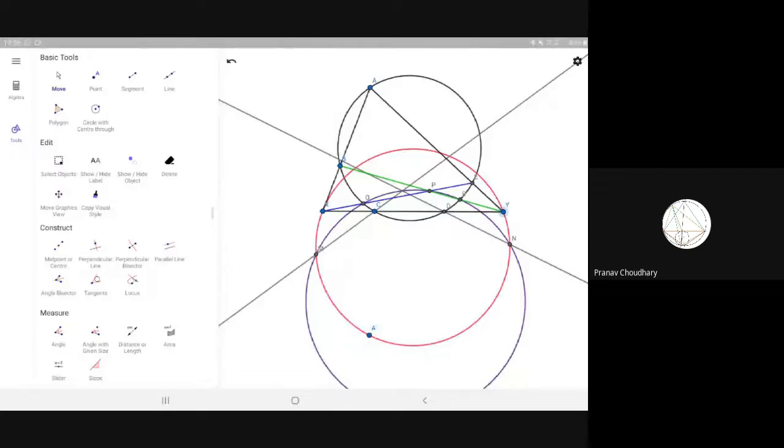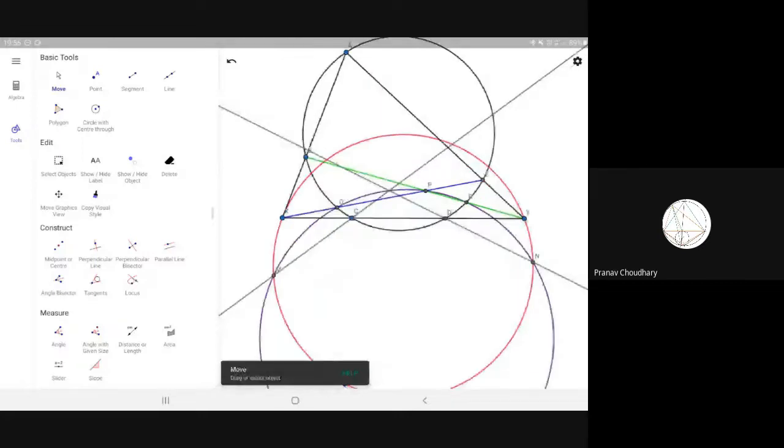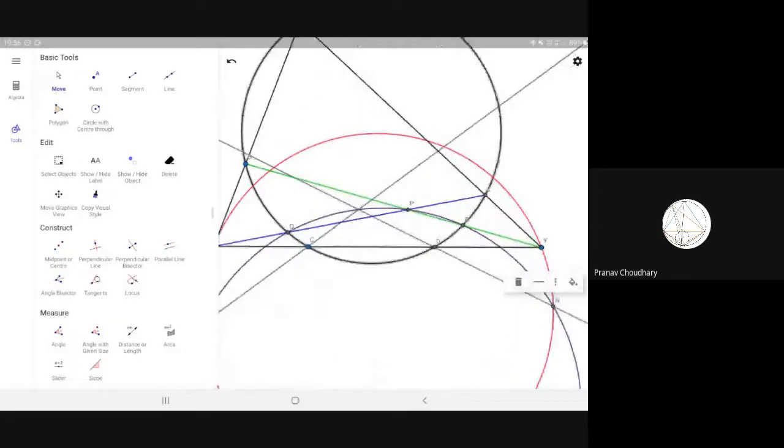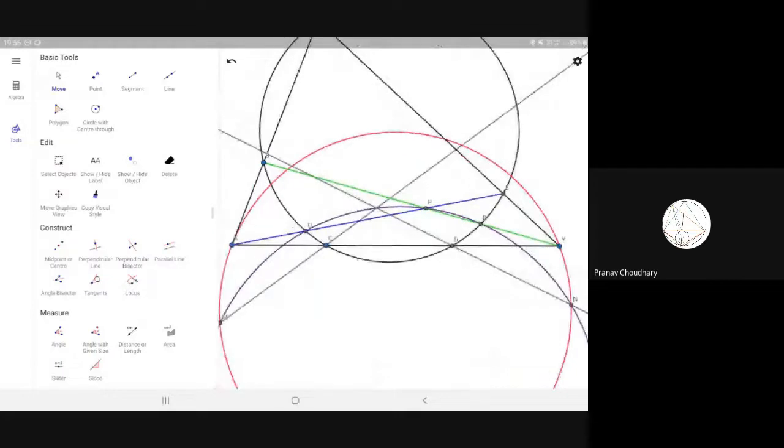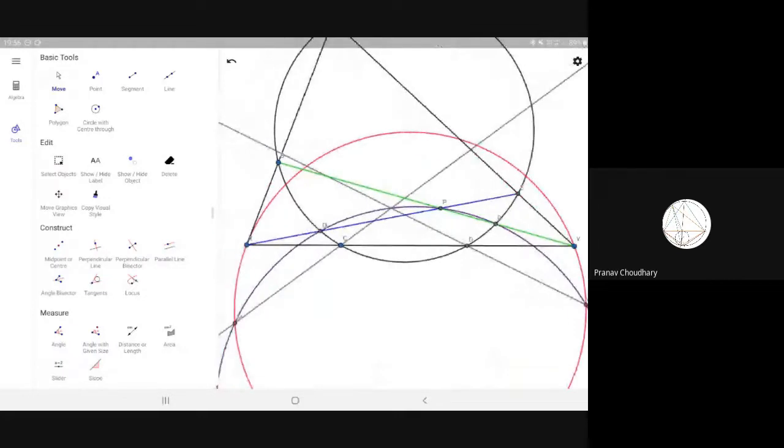Now suppose XE hits the black circle, which is the one going through A, at point Q, and suppose YB hits the circle at point R, right?